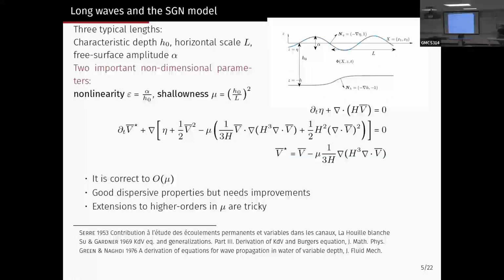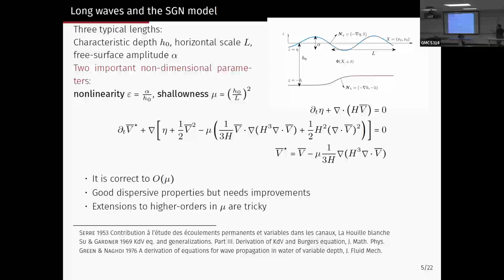So about long waves. In finite depth, when the depth is finite, here is our domain, we can introduce three typical lengths. This is H0, which is the characteristic depth of the fluid, if you want. Alpha, which is the characteristic amplitude of the waves that travel.